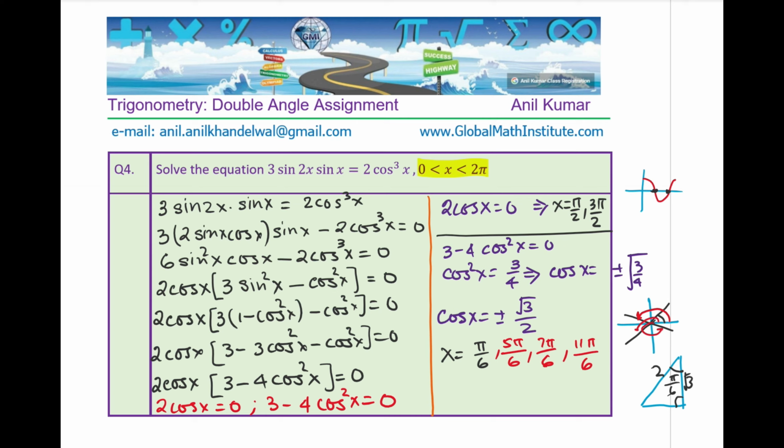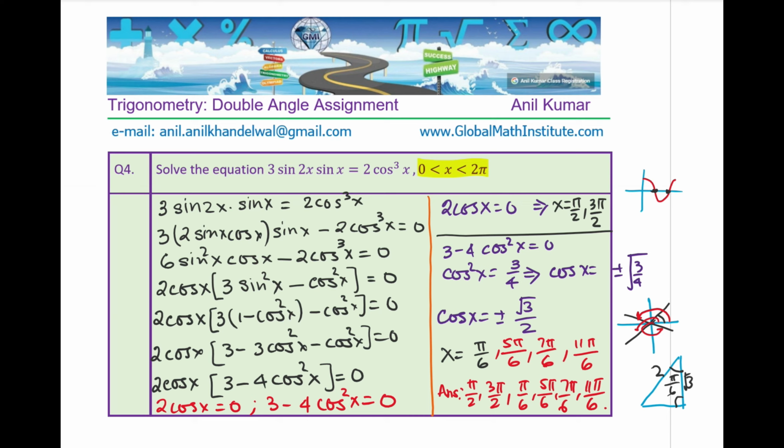So we can now write all the solutions. So our answers are what? We get pi by 2, 3 pi by 2 earlier. And now we have pi by 6, 5 pi by 6, 7 pi by 6, and 11 pi by 6, correct? So that is how we are going to solve this particular question.